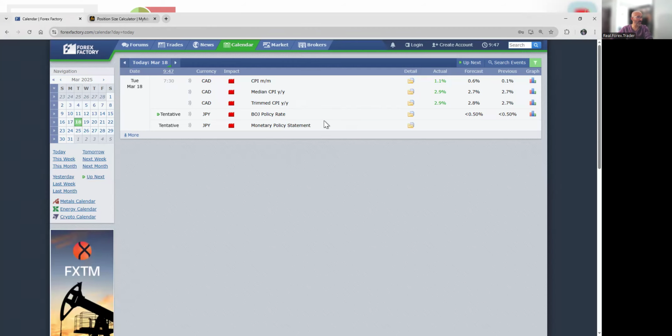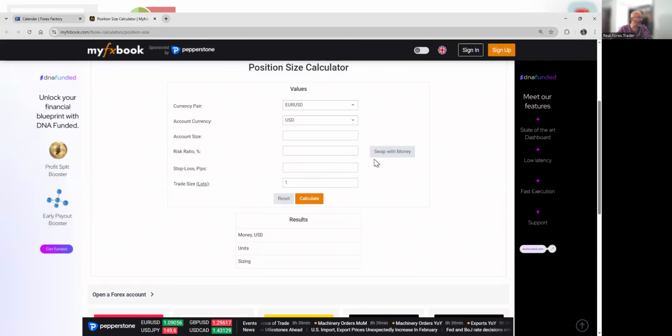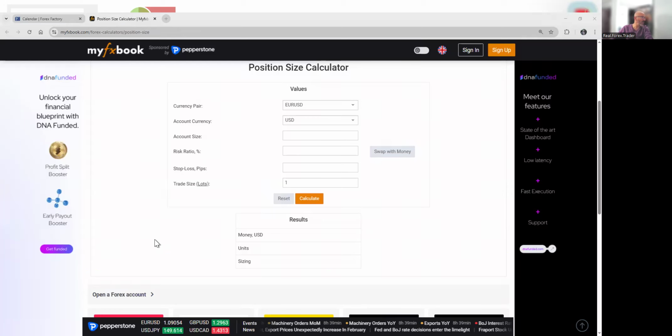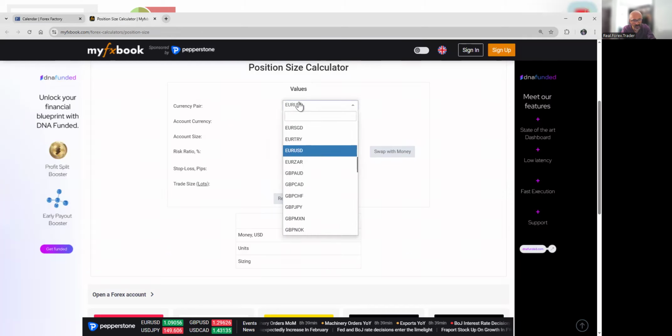Always remember, at this moment I'm checking this trade and there is currently no news, so there won't be any sudden movements and I can be confident. I'm trading euro yen, so I set my pair euro yen.